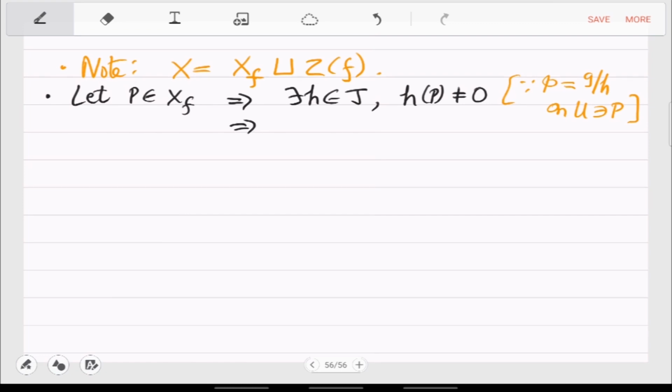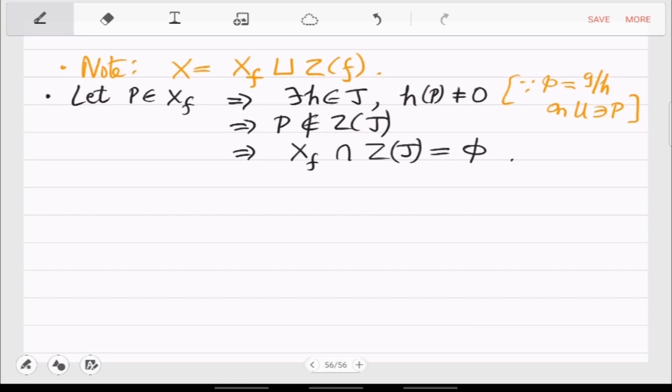Which means that the point is not in Z of J, which means that X_f and Z of J are disjoint. Is that clear?